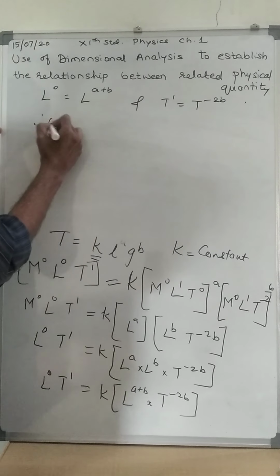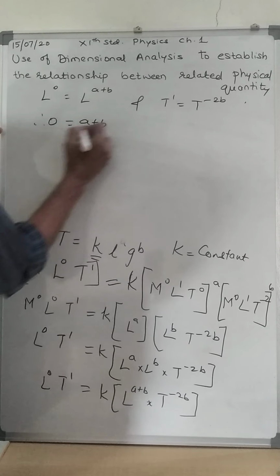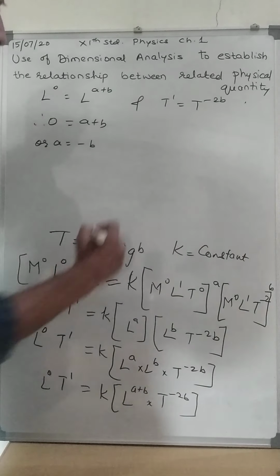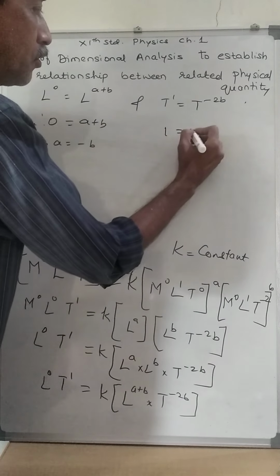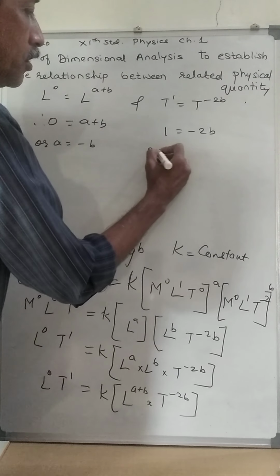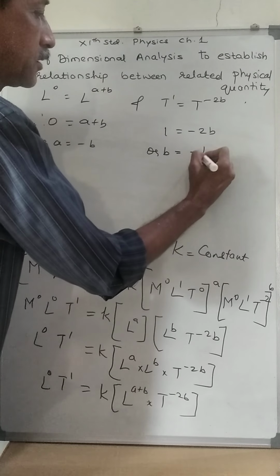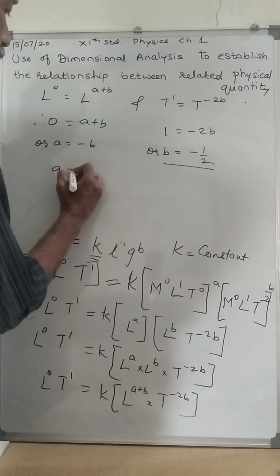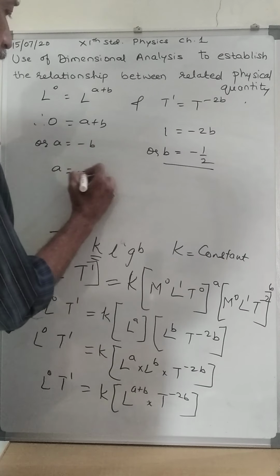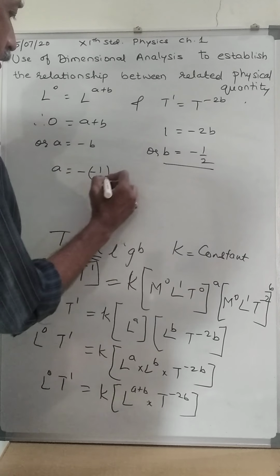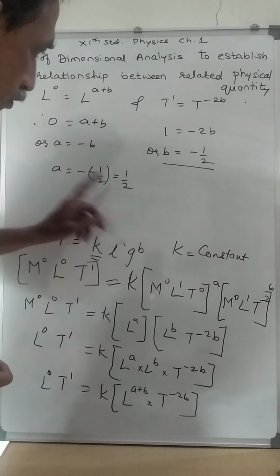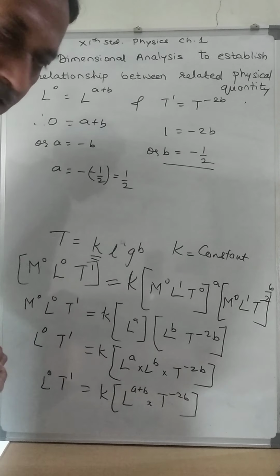So therefore 0 is equal to A plus B, or A is equal to minus B. And here we get 1 is equal to minus 2B, or B is equal to minus 1 upon 2. If B is minus 1 upon 2, A becomes minus of minus half, which is half. So A is half and B is minus half.